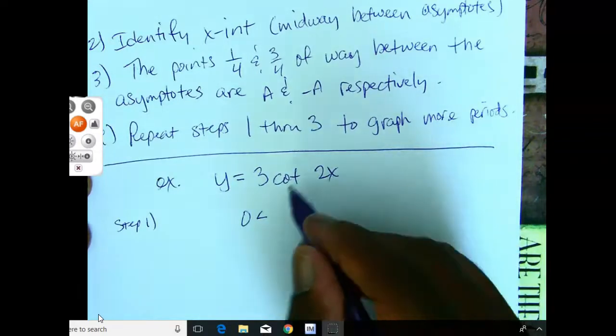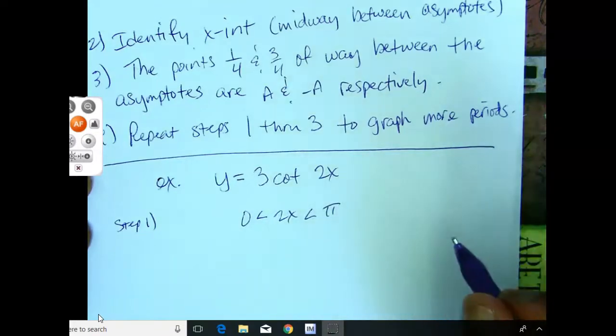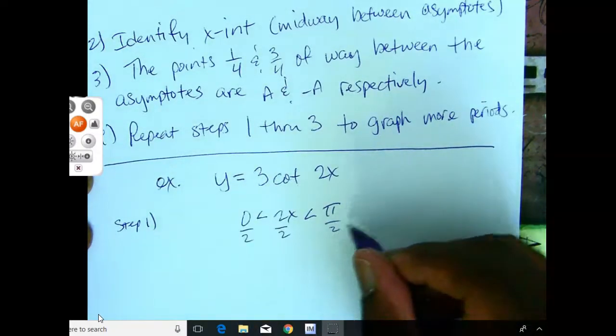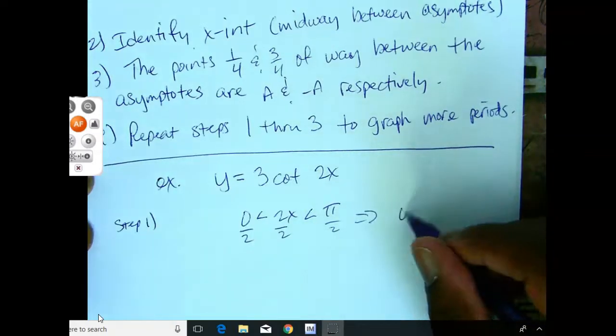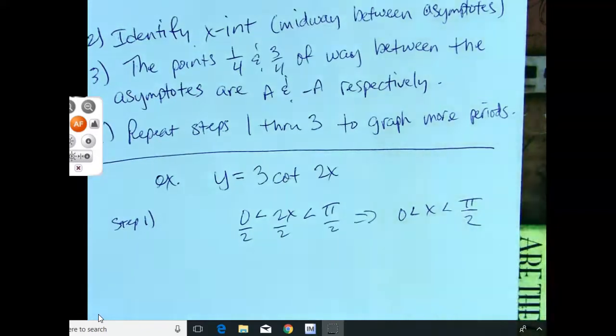So here, this is just 0 less than 2x less than pi. We divide everything by 2. We're going to end up with 0 less than x less than pi over 2. Alright, so our asymptotes are going to be at 0 and pi over 2.